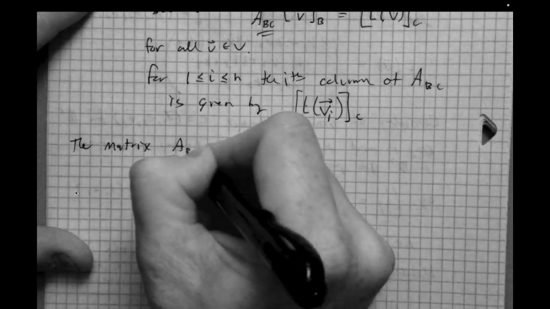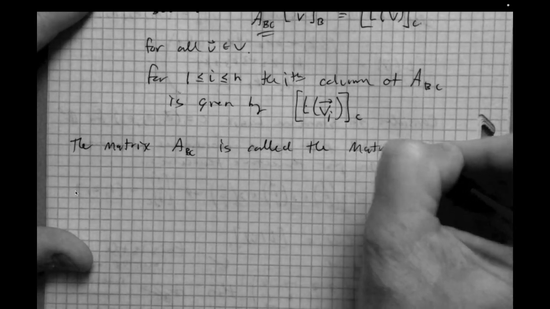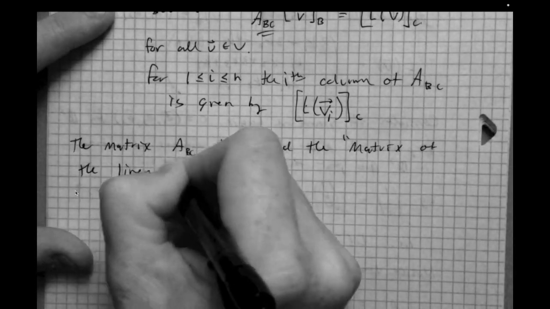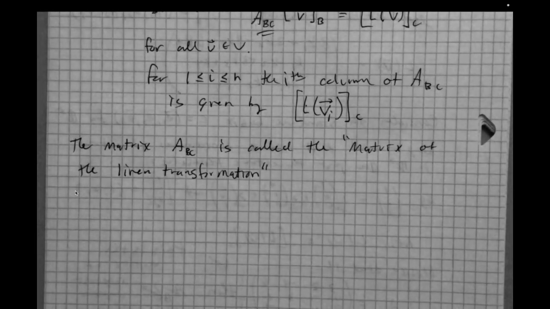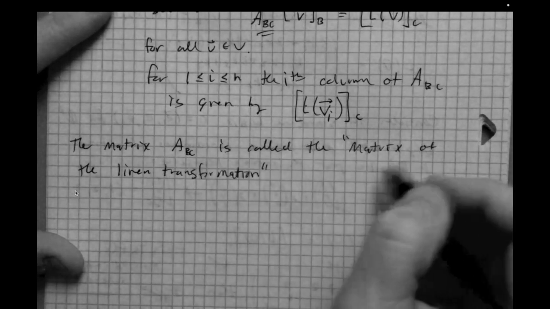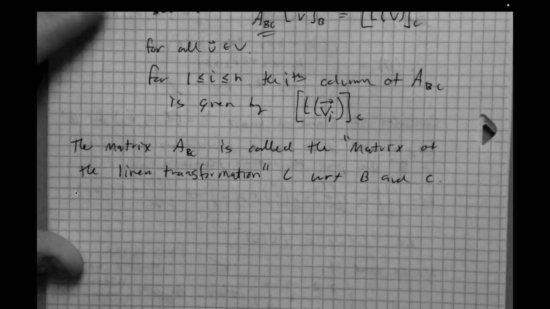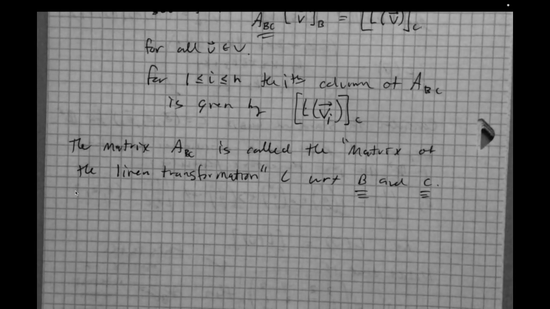Frequently, to be more precise, we might say the matrix of the linear transformation L with respect to B and C, B being the ordered basis of the domain, and C being the ordered basis of the codomain.